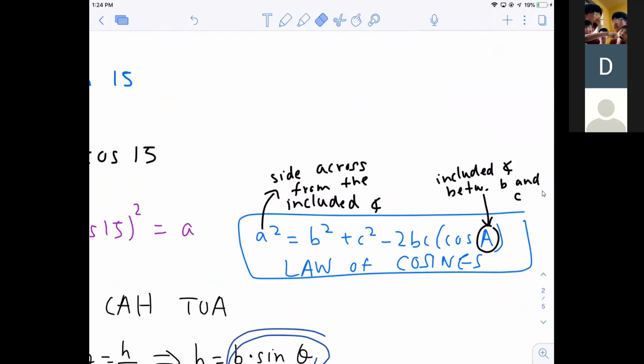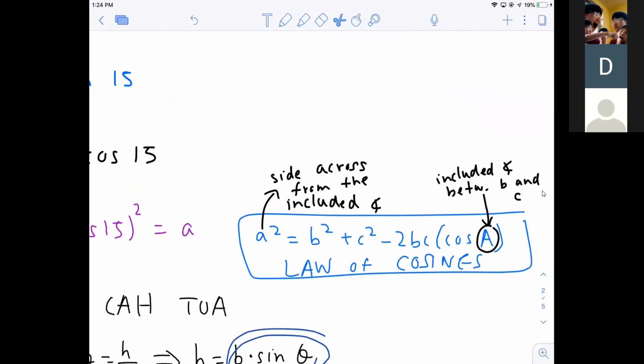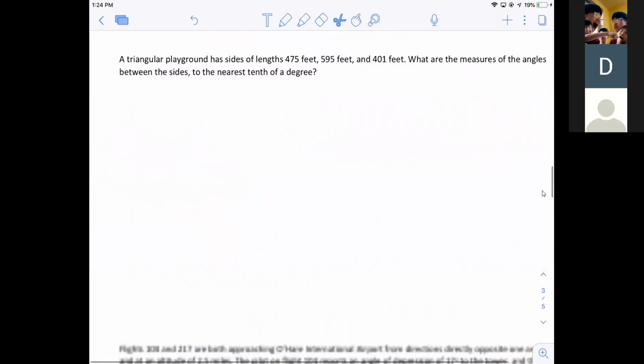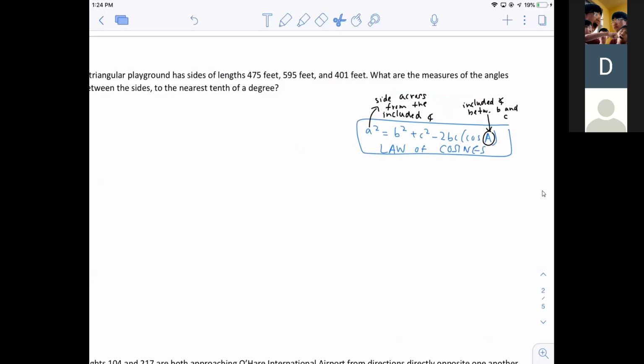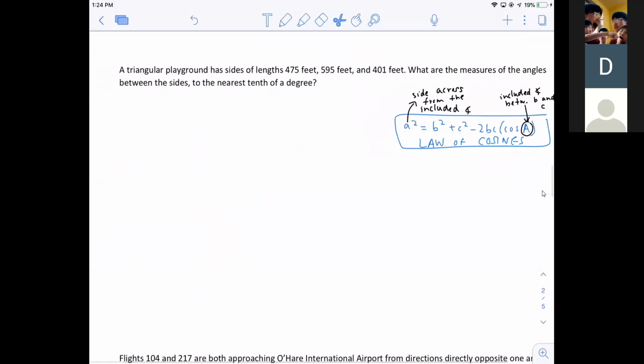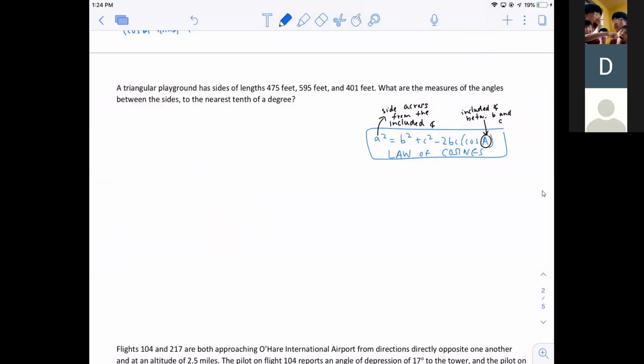All right, so of course, in a random triangle, it doesn't have to be labeled A, B, and C. So don't take the letters literally. You have to think about what it actually represents. So let's take a look at this question here. And let's see. So we got a triangular playground that has those three lengths.